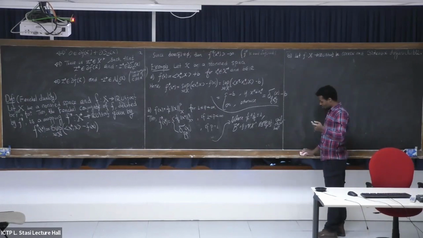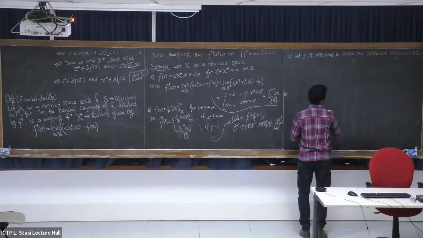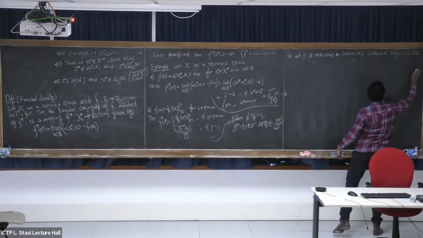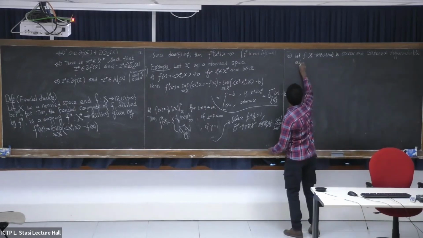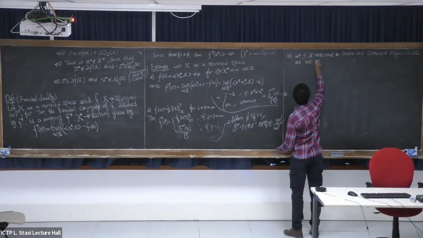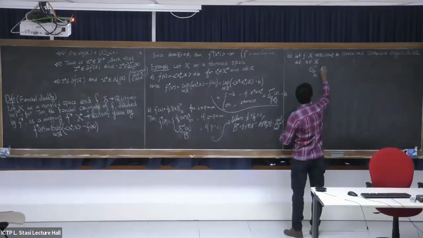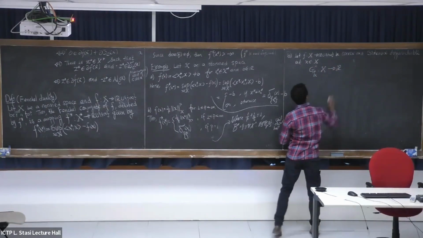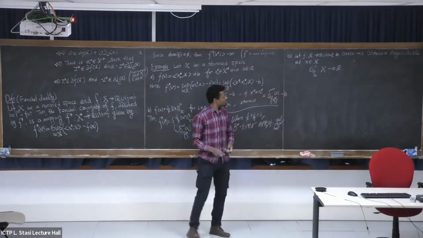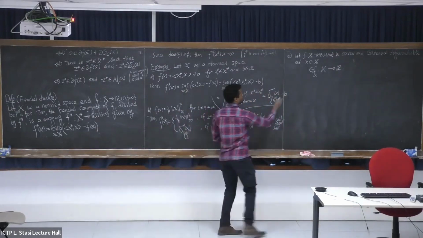We need to test it at a single point. That is Gateaux differentiable at a certain point. So this is the Gateaux derivative of f at x. This is the linear function, right?